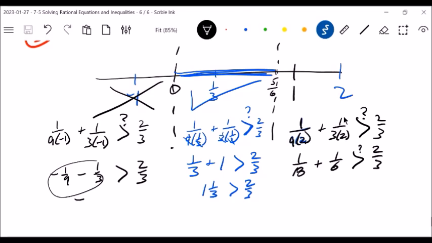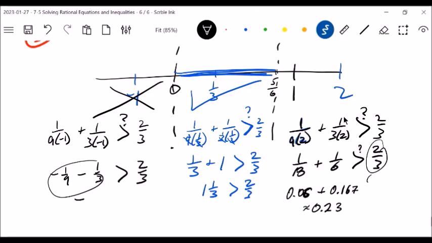1 divided by 18 is about 0.06, I round that, right? And 1 divided by 6 is 0.16666 continues, so I'll do 7. So we have approximately 0.23.